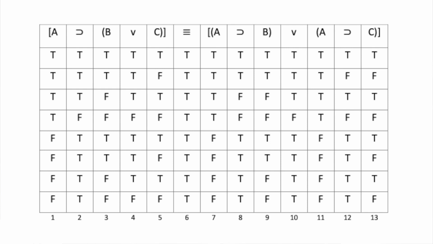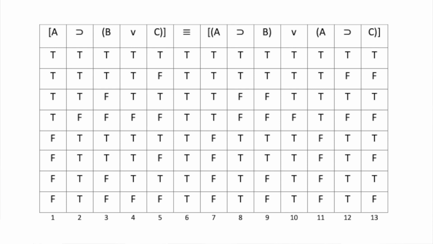Okay, next you're going to ask yourself, what is the main connective? And also, which operators have the smallest scope? Now, the smallest connectives in this compound sentence are the ones that exist inside the parentheses. So they're represented by column 4, column 8, and column 12.